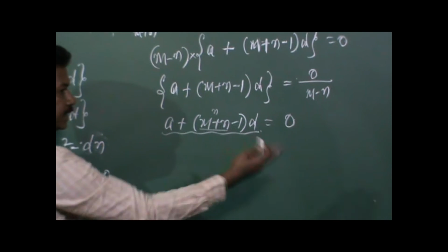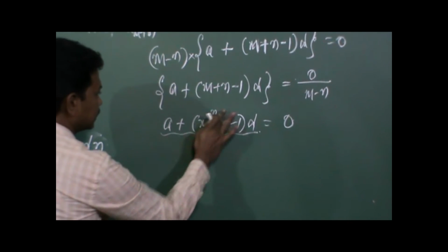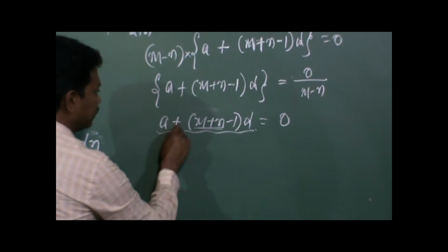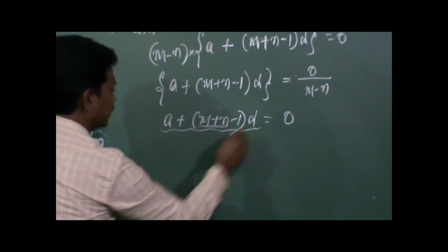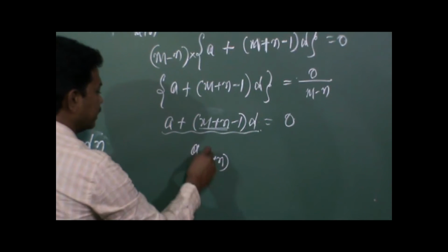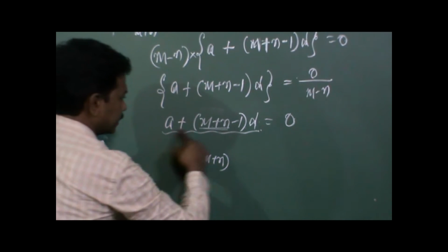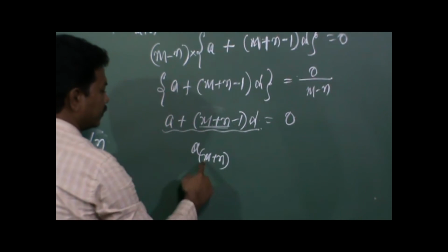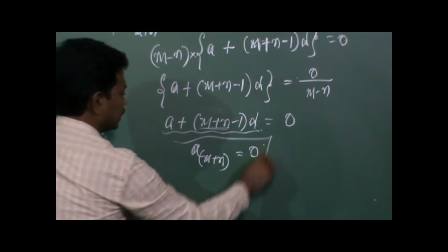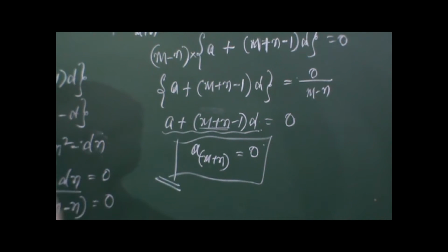It is the nth term, that is AN. So instead of N you are having M plus N. So it is A plus M plus N minus 1 into D. So therefore this can be written as the M plus Nth term. This entire thing is the nth term formula for M plus N, which is equal to 0. So hence we have proved that the M plus Nth term of the given AP is also 0.